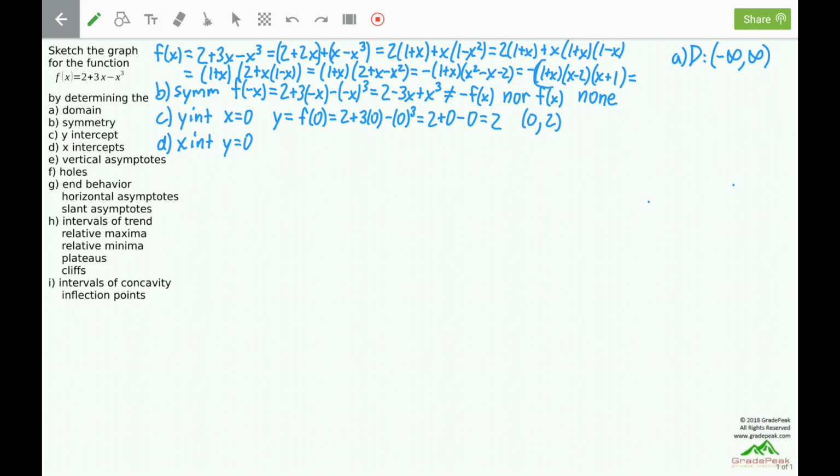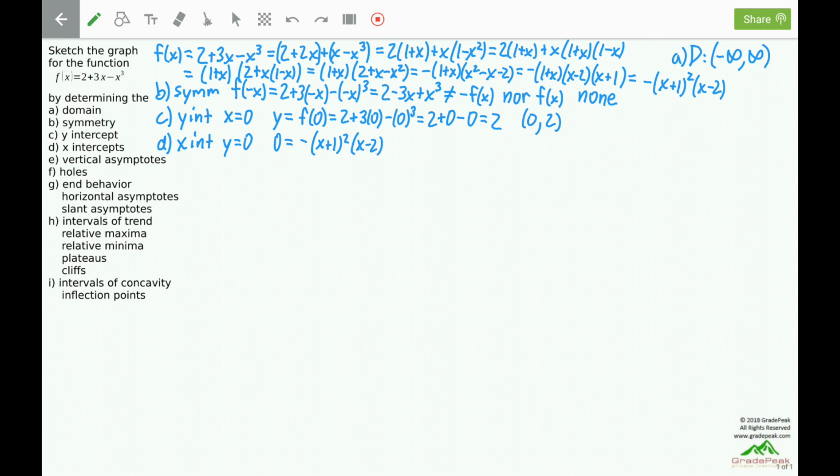One more thing we can do here, 1 plus x and x plus 1 are the same thing, so we can write them both as x plus 1, but they're multiplying each other, so we can combine them together and call it x plus 1 quantity squared. There's also the x minus 2. So there's the fully factored version of the function. 0 equals negative x plus 1 squared times x minus 2.